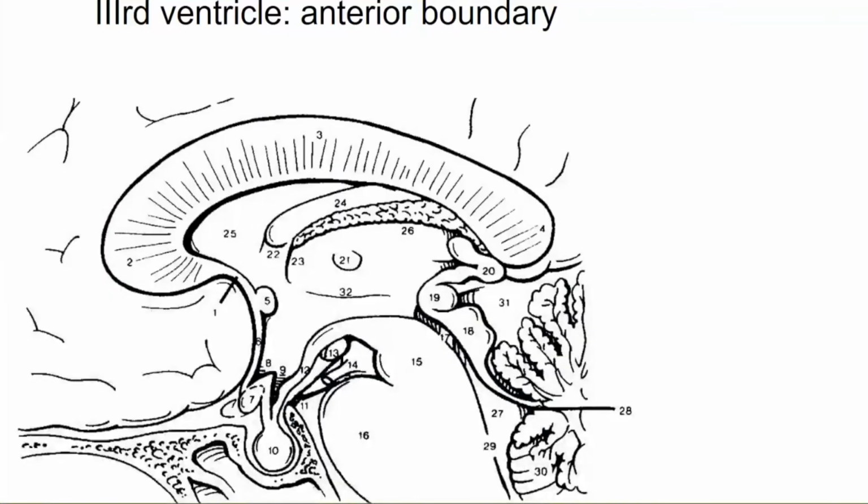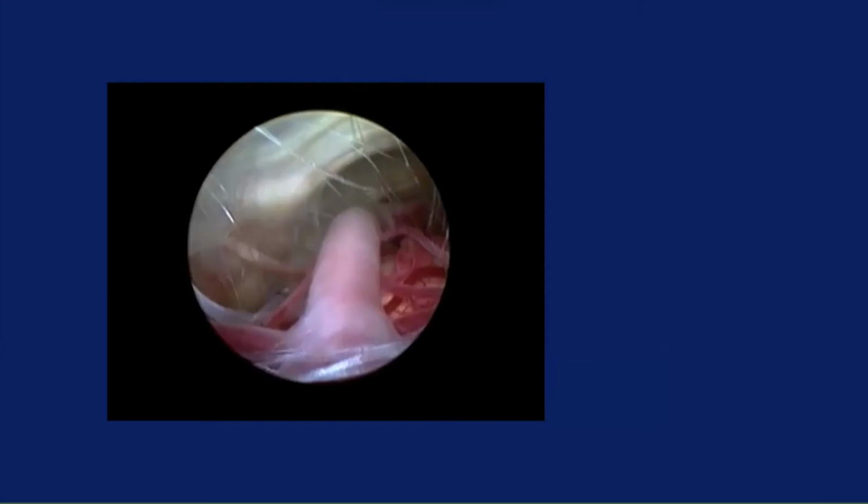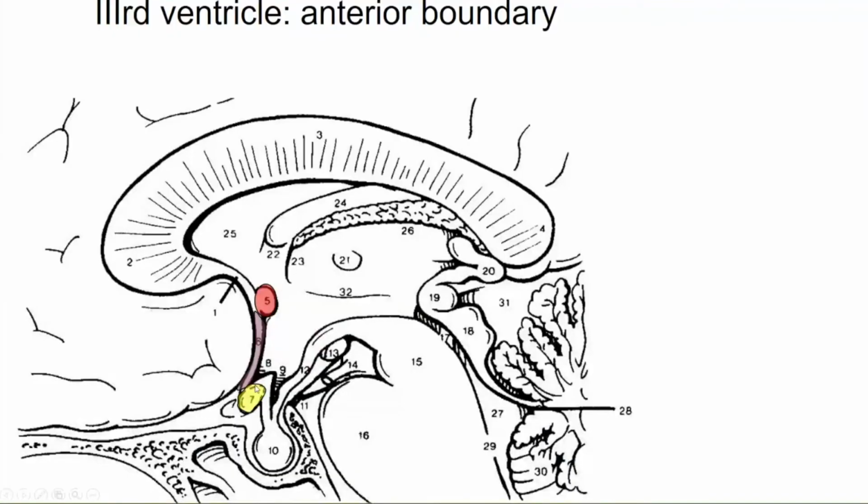This sagittal view actually shows that really well and orients you much better perhaps than that image. So again, anterior commissure, lamina terminalis, you've got the optic chiasm and the two recesses that we talked about, the optic and the infundibular.